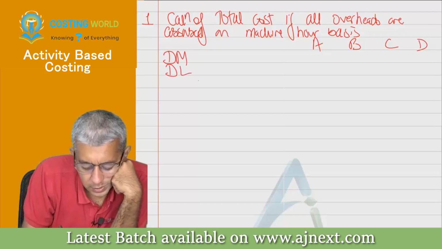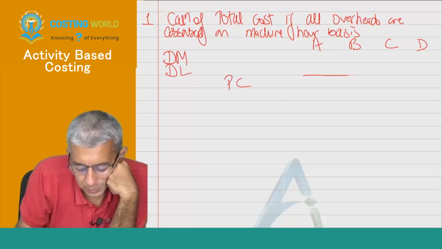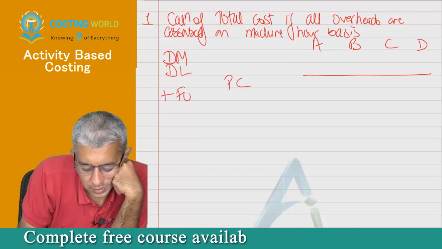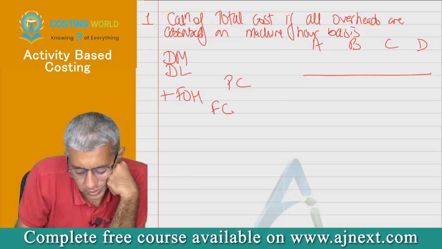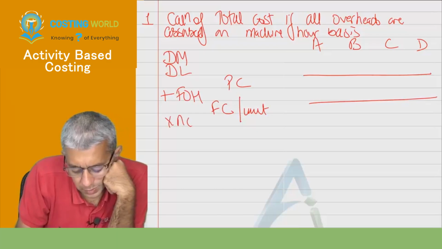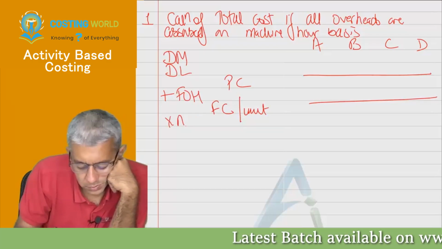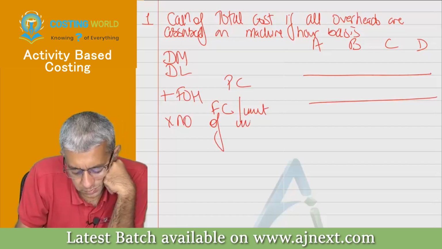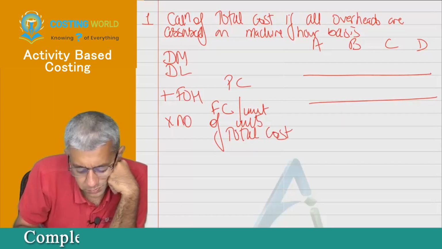Direct material, direct labor, added up, prime cost, add FOH. This will give you factory cost per unit. We shall multiply by number of units. This will give you total cost.